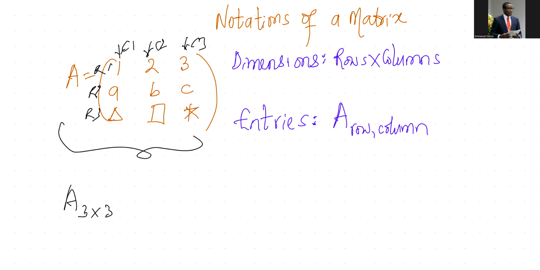So this simply implies that A is a 3 by 3 matrix. All right. So then talking about the entries, they are referenced according to the position of the row and the column. For instance, if I ask you, what is the position of C?